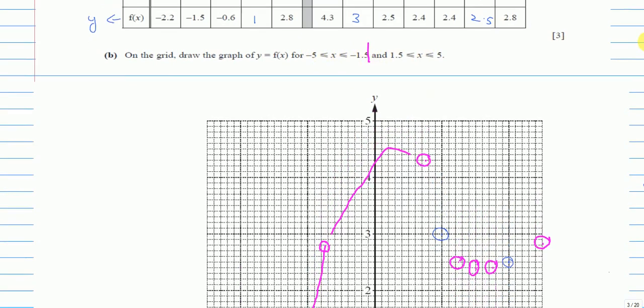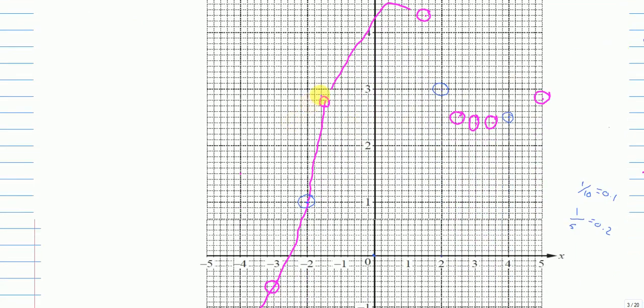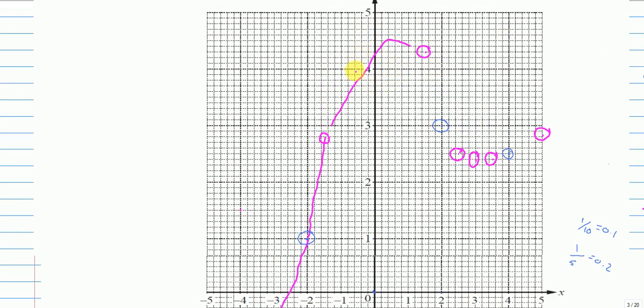Our final point was at negative 1.5, this one here, and you have to stop your graph over here. You do not need to continue, because if you continue you might cross this line, because originally the graph never touches this line, but you do not know whether it touches the line or not. It's a bit of a technical point. That's why the examiner helped you and said just stop right there.